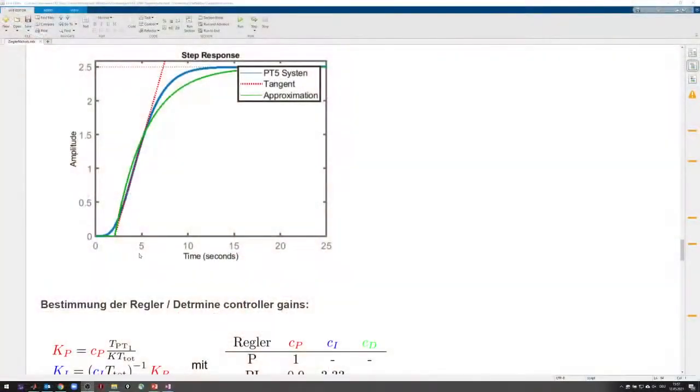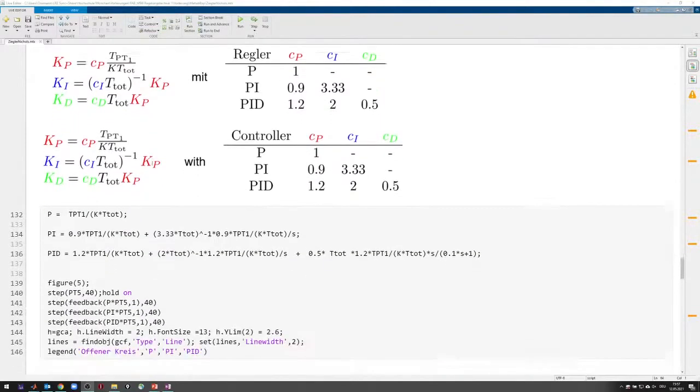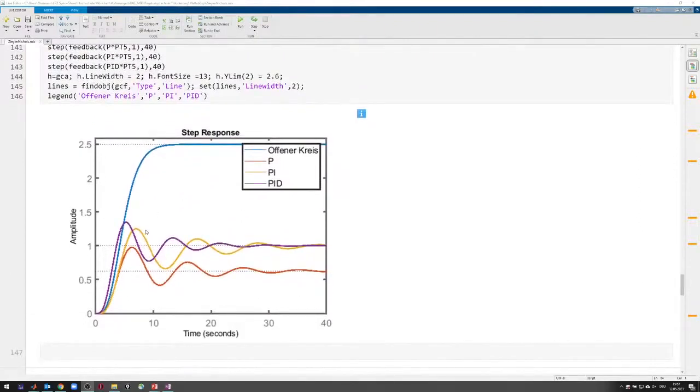Okay, anyway, again you have this table, you compute the gains, and this is actually what's important here. These are the three controllers. Interestingly, they did not decide for a PD controller here. I actually never figured out why this second method does not provide you PD controllers.